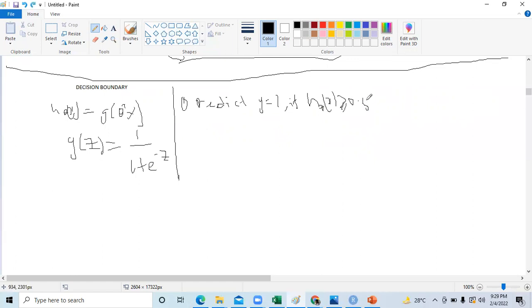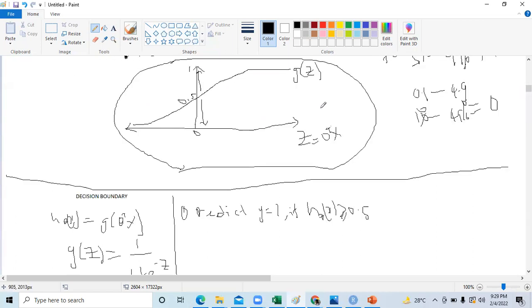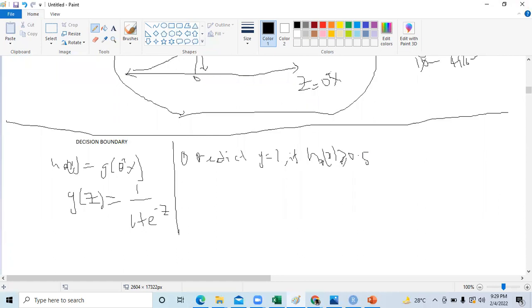Remember I said that in our hypothesis representation. So if h of x is greater than 0.5 here, of course our y will be equal to 1, right? But this will happen when g of z is greater than or equal to 0.5.